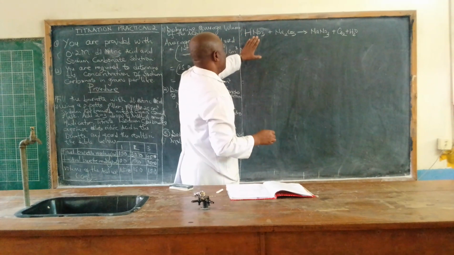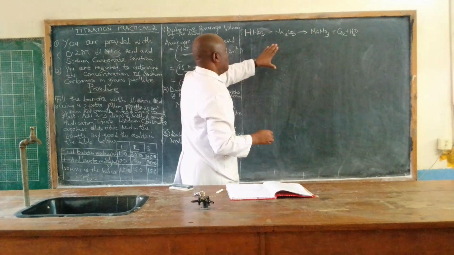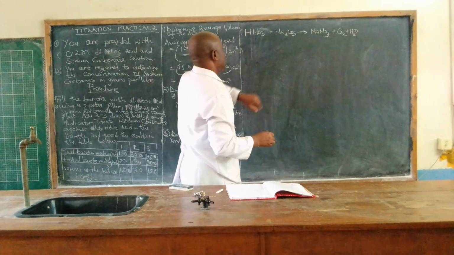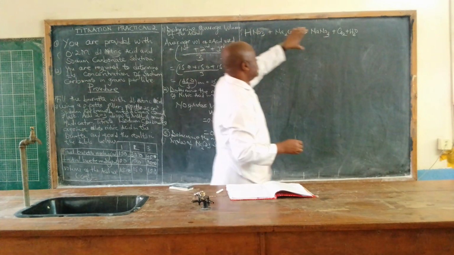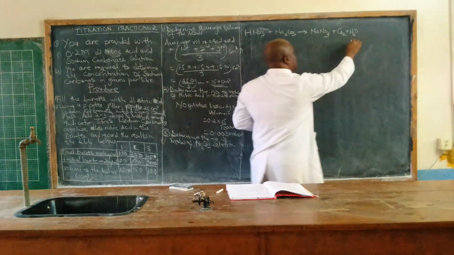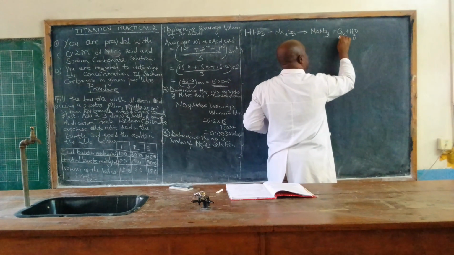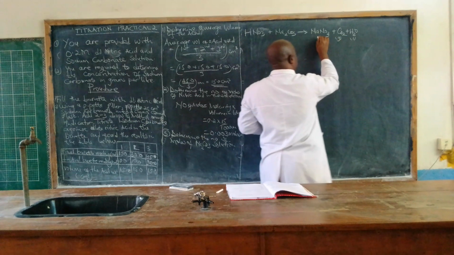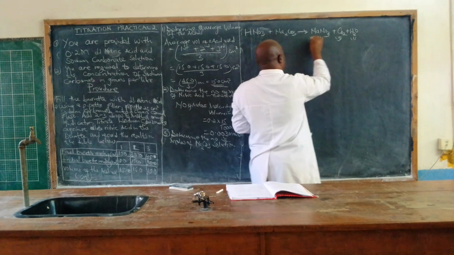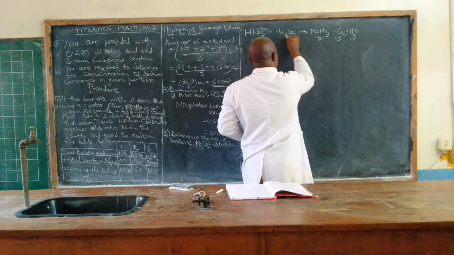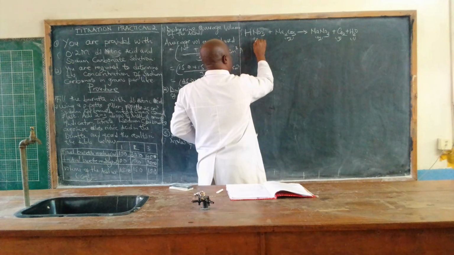And have we written the complete states of each reactant? This is the reactant side and this is the product side. So this is a liquid, this is gas, this is aqueous, and this is aqueous.